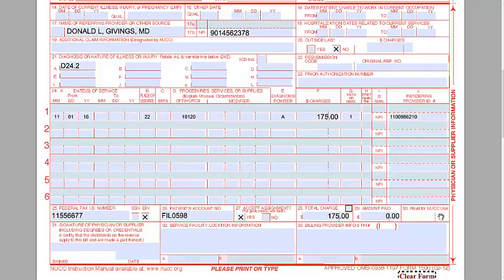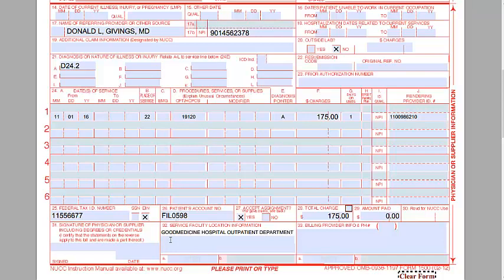Item number 30 is left blank. Item number 31 is left blank. Item number 32 needs to be completed because the patient had the services provided to them at an outpatient facility. The patient had the services rendered at the Good Medicine Hospital Outpatient Department.